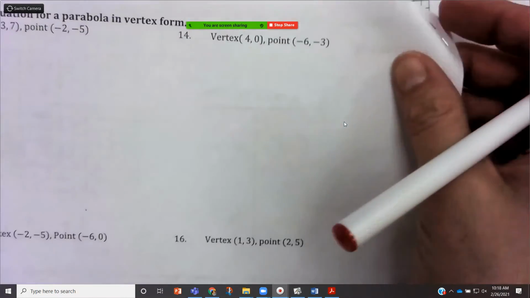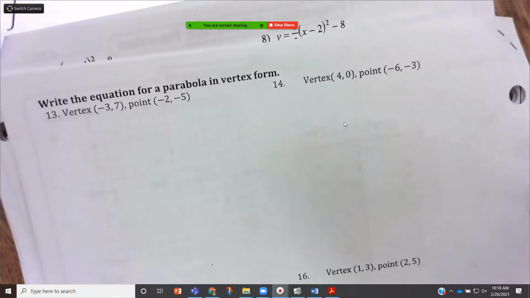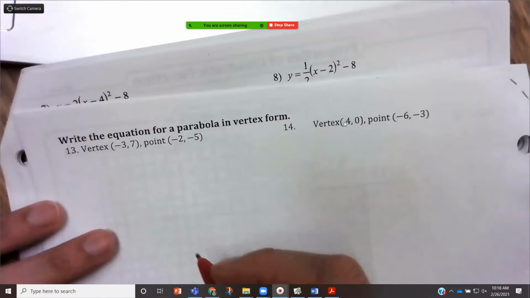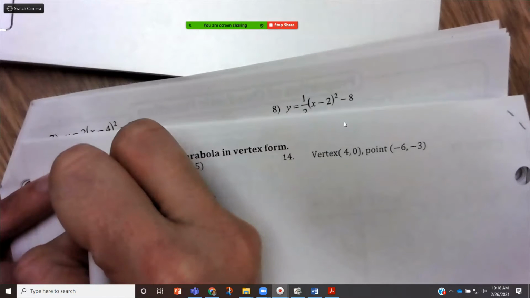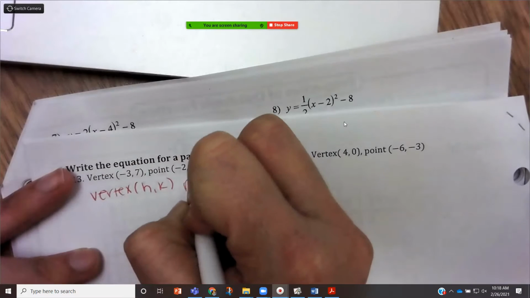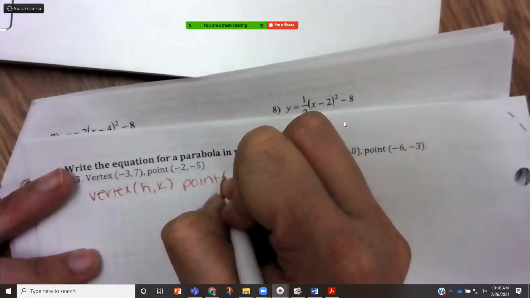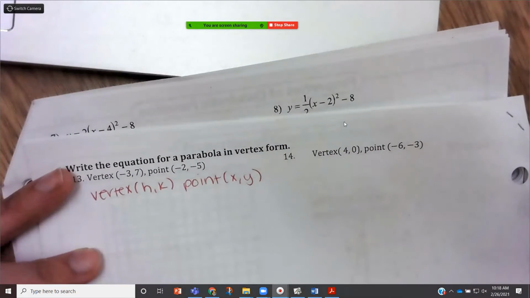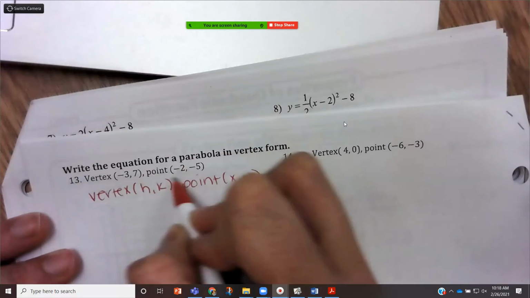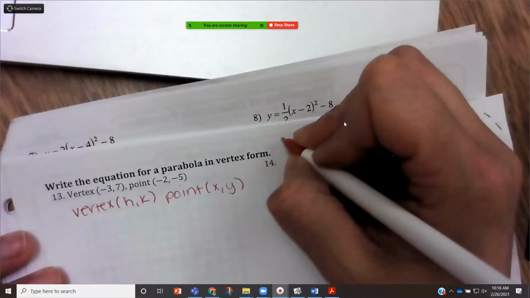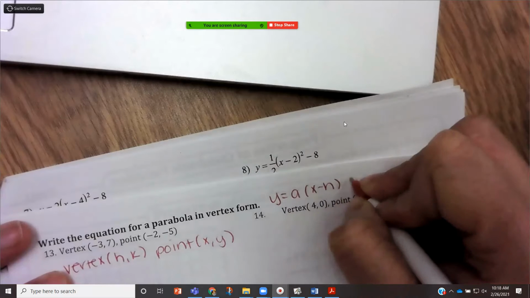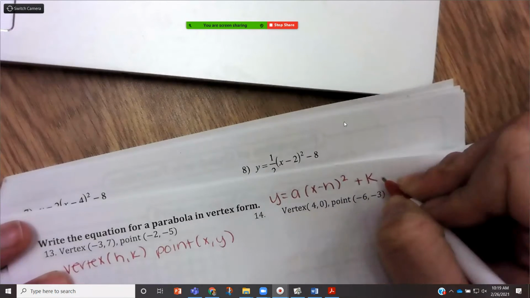And I want to do one of the ones off the back, because these are the ones I think are the trickiest. So your vertex is always h, k, and a point on a graph is always considered x, y. So in terms of vertex form, our equation is y equals a, x minus h squared plus k.